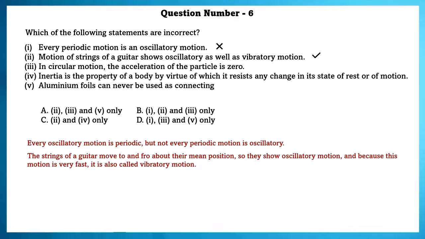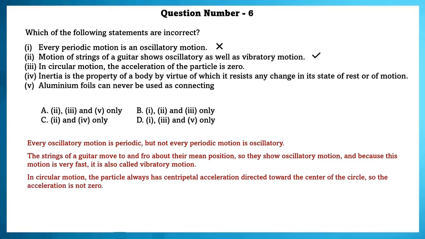Third one, in circular motion, the acceleration of the particles is 0. In circular motion, the particles always have a centripetal acceleration directed towards the center of the circle. So, the acceleration is not 0. So, the third one is also false. Fourth one, inertia is the property of a body by virtue of which it resists any change in its state of rest or motion.